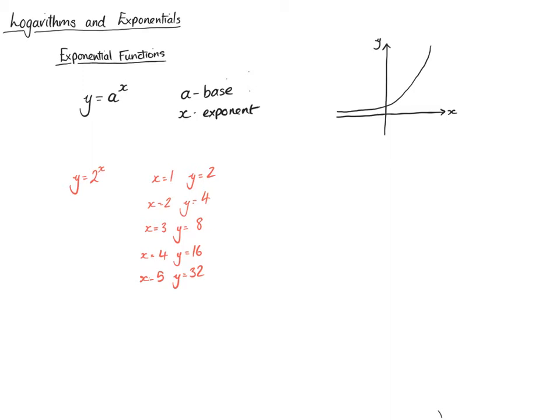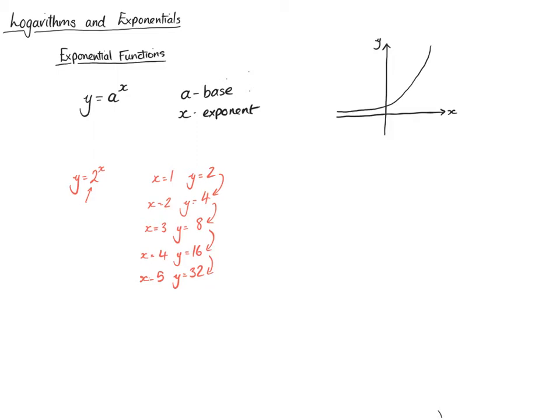not at the same rate, and that's an exponential graph. One of the things we can use this for is to discuss population growth. As we're growing, the population will double, and that's what's happening here. Every single step we're doubling, because it's 2.